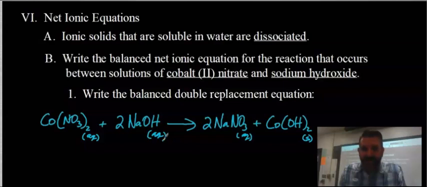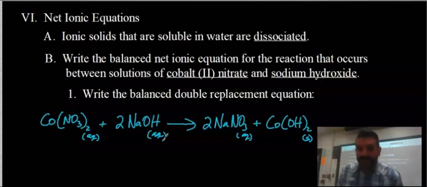You end up with products of sodium nitrate and I want to say cobalt hydroxide. What is that? That is cobalt-2 hydroxide. So remember, charges of the ions do not change during a double replacement reaction. So sodium nitrate, cobalt-2 hydroxide. Which one of those was that blue precipitate?